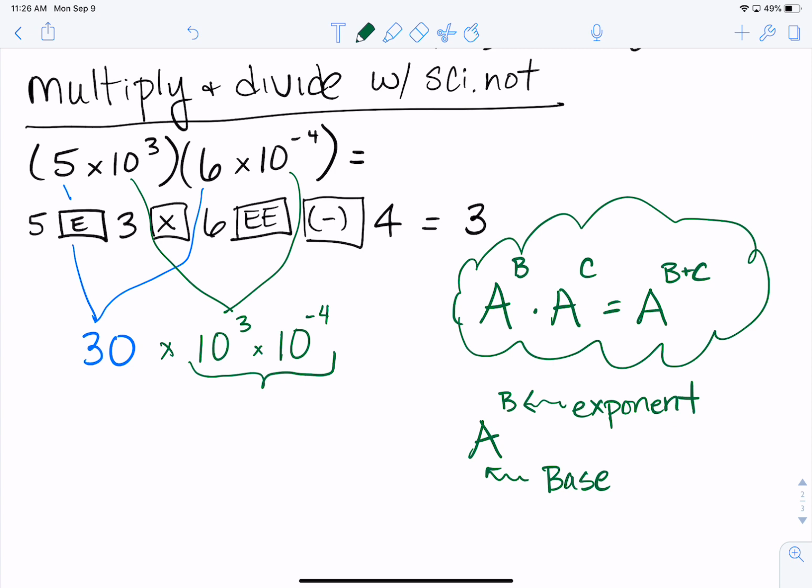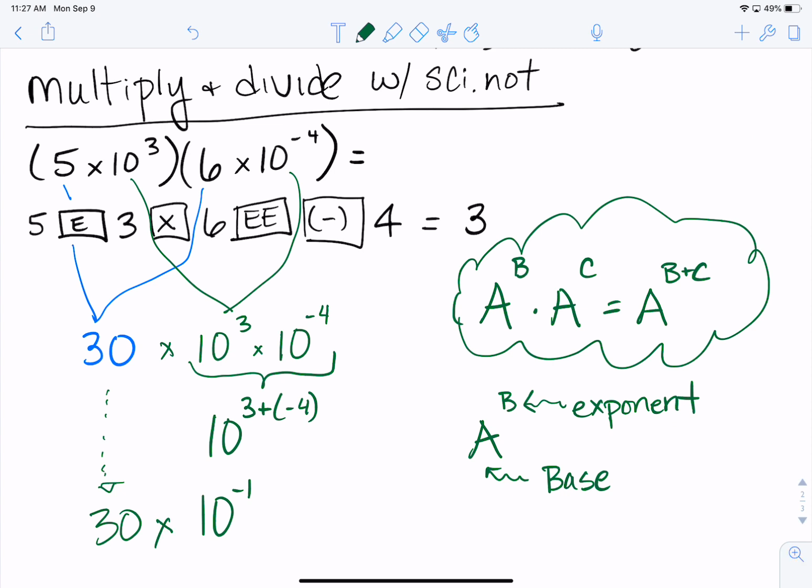Okay? So now let's do what Gabriel told us to do, and we should add them. So this is 10 to the 3 plus a negative 4. So that's really just, what's 3 plus a negative 4? Negative 1. And I have to bring this down. So it's 30 times 10 to the negative 1.